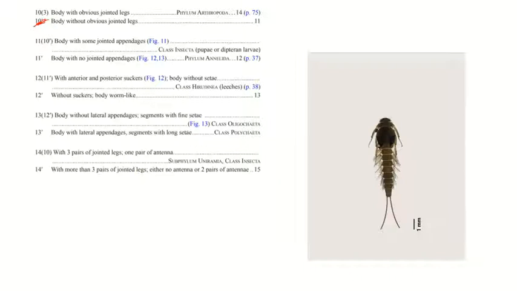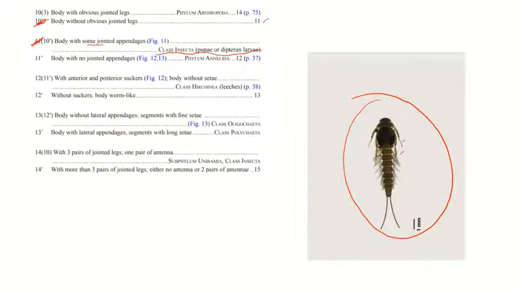But there are some jointed appendages, right, as we can see here. So we will choose the first lead of number 11, which shows us that this particular specimen belongs under class Insecta, and that it's a pupa or perhaps a larva.